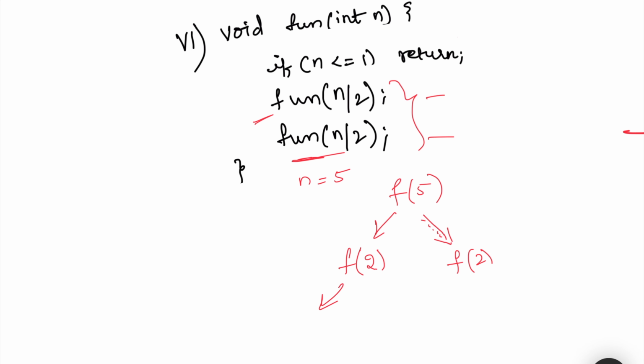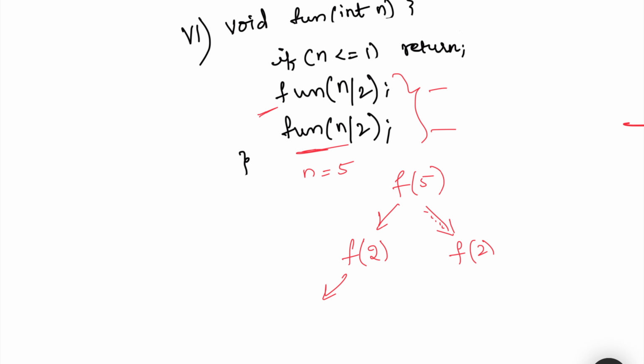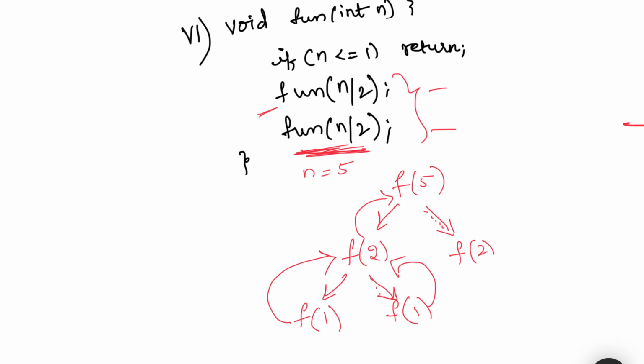Now f of 2, again 2 is not less than or equal to 1, base case fails, so again f of 2 by 2, that is 1, and another f of 1 is yet to be executed, because we have two function calls here. When f of 1 is executed, it satisfies the base condition and returns to f of 2, and now the other function call f of 1 is made, and it also returns. Then this f of n by 2 call has been completed for f of 5.